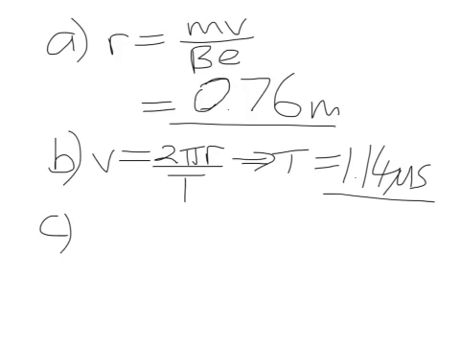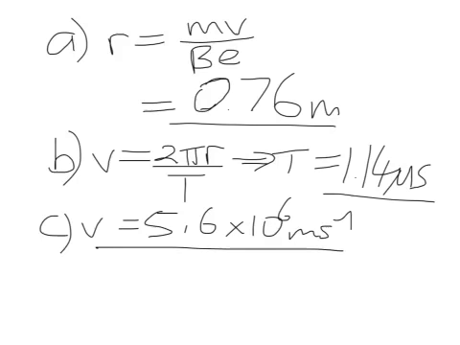Part C, we're going to find the velocity component that's parallel to the field, so that's the cos angle 0.8 times the original velocity 7. We get 5.6 for that component to the power of 6 still, meters per second.